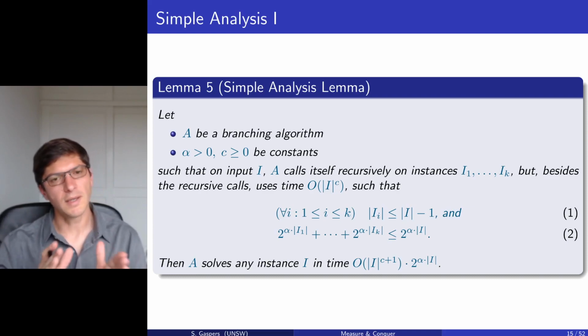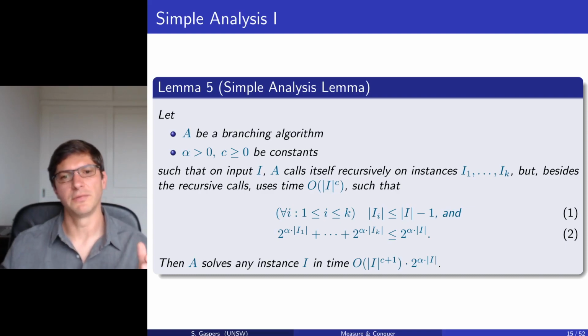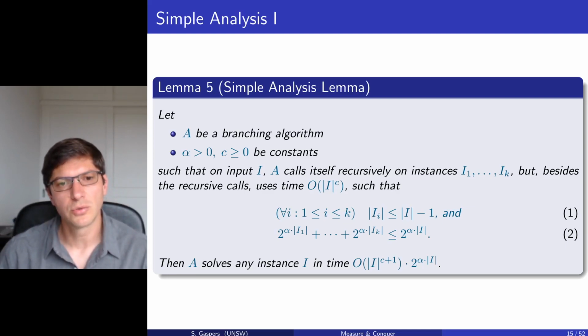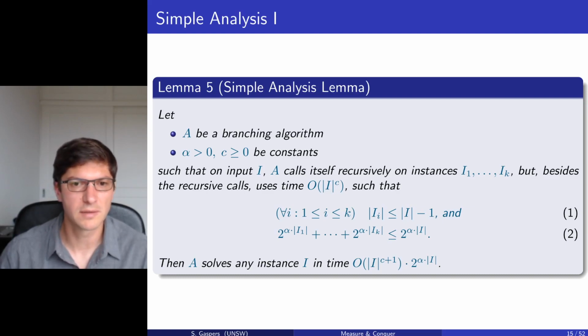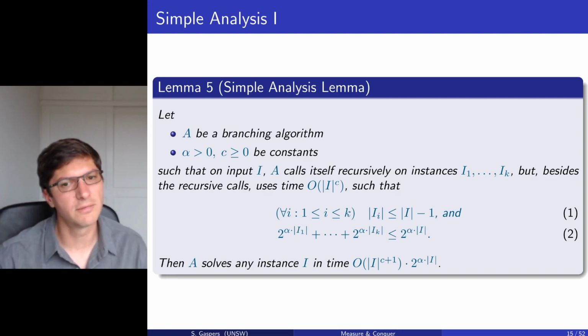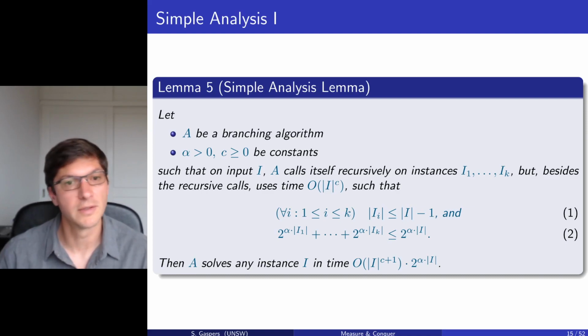Okay. And now to upper bound the number of leaves of the search tree, we have the constraint number 2 here, which says that 2 to the alpha times the size of the first instance we create, plus dot dot dot, plus 2 to the power alpha times the size of the last instance we create for the recursive calls, should be at most 2 to the power alpha times the size of the input instance.